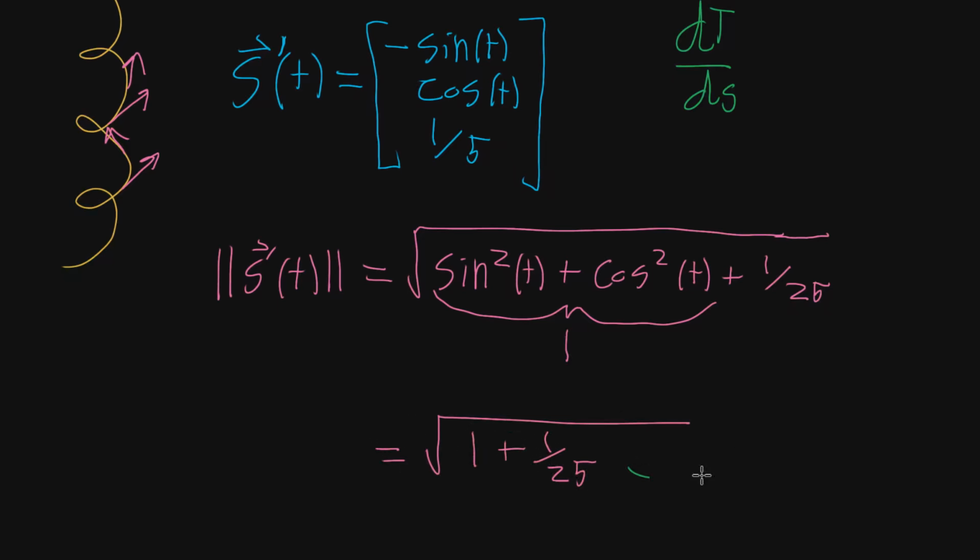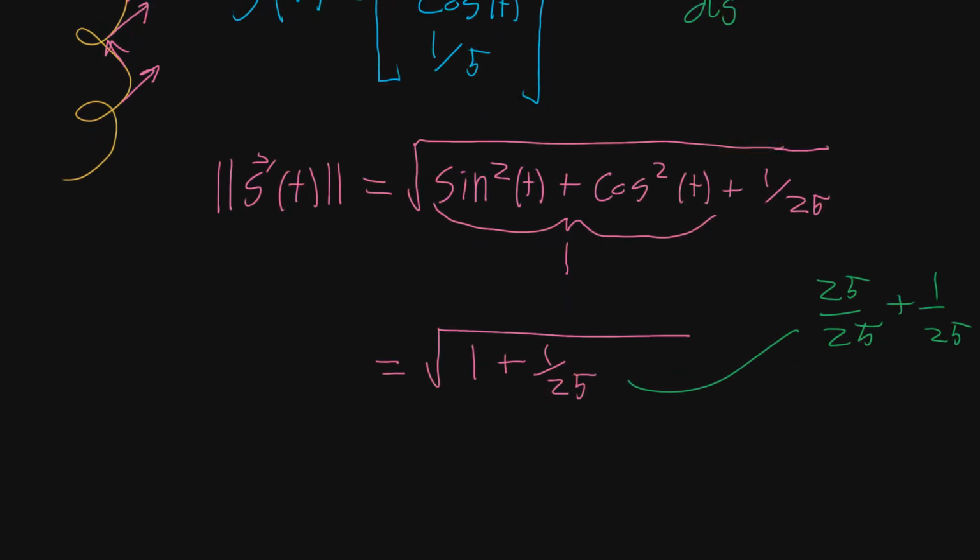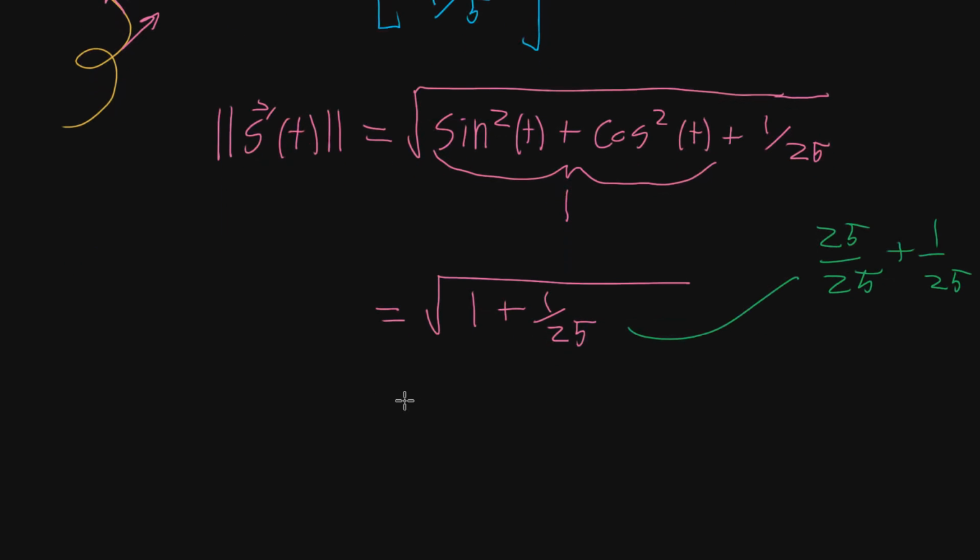And for this, you might kind of be thinking off to the side that that's 25 over 25 plus 1 over 25. What that equals is the square root of 26 divided by 25. And just because 25 is already a square and it might make things look nice, I'm going to write this as the square root of 26 divided by 5.